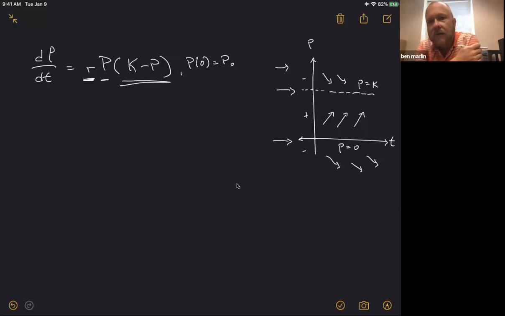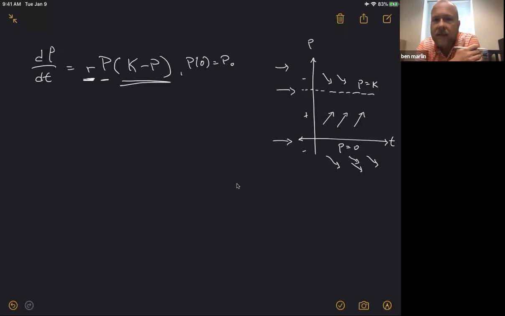If you have a negative value for your P naught, then that means that the P is going to be negative, but the K minus P, because it will be adding something onto K, is going to be positive. And if R is positive, then all those are negatives, and that means things get pushed away if they start in this negative regime down there.